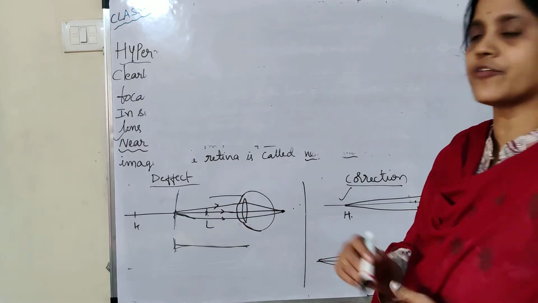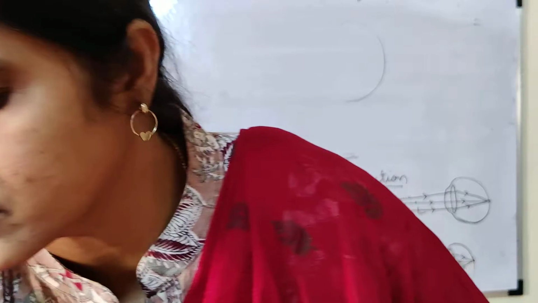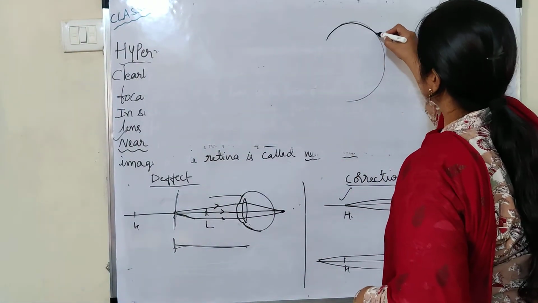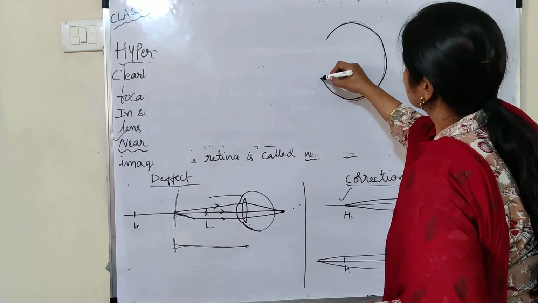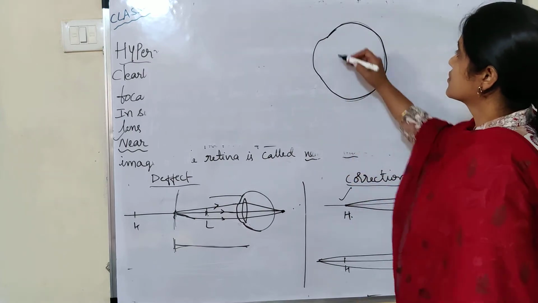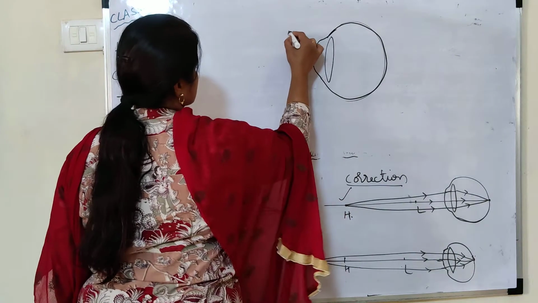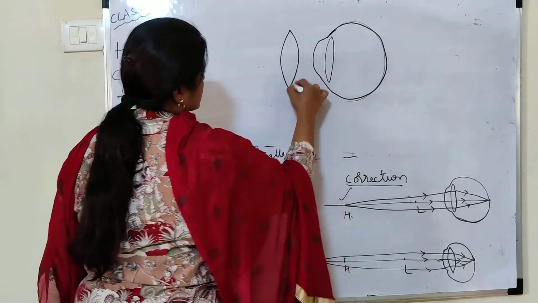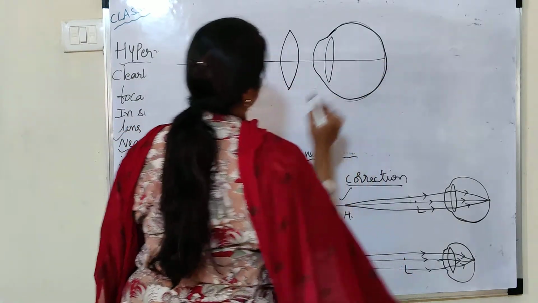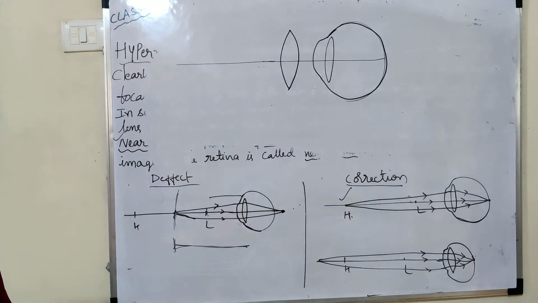Ray diagrams are very, very important. See, this is the eye. I will take another pen. So this is the eye lens. If they use a biconvex lens, then this is the optic center.